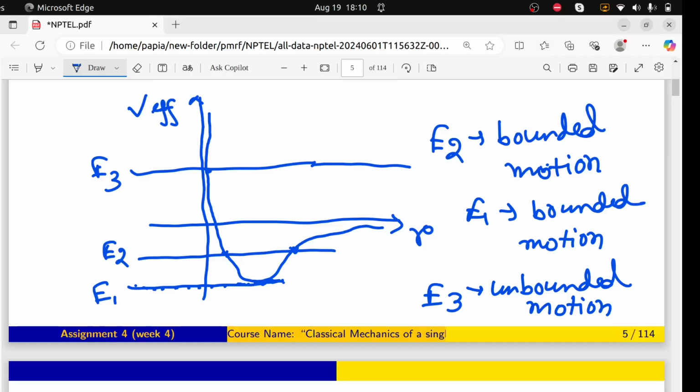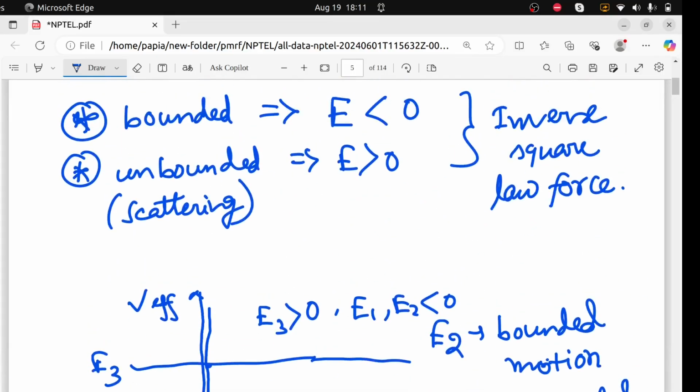Now from this plot we can see that E3 is greater than 0, whereas E1, E2 are less than 0. That means the energies which have a value less than 0 are giving the bounded motion. The energy which has a value greater than 0 is giving unbounded motion, right?